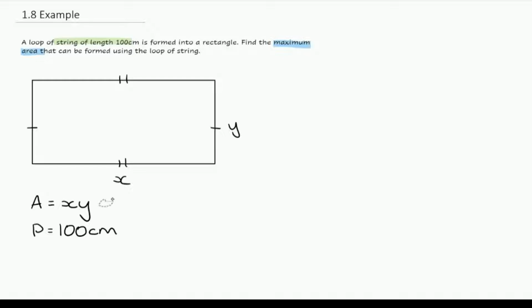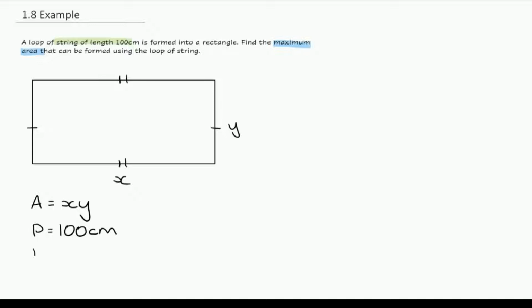At the moment though, my area formula is in terms of more than one variable, both X and Y. But I need to have it so that it's only in terms of X or only in terms of Y. So let's explore this perimeter a little bit more.